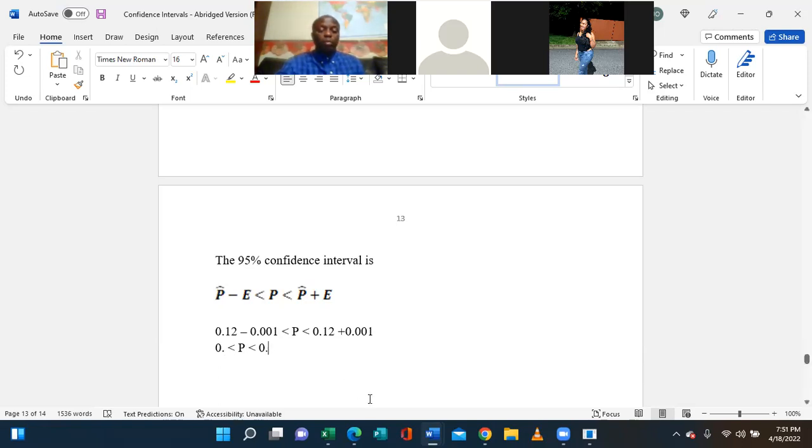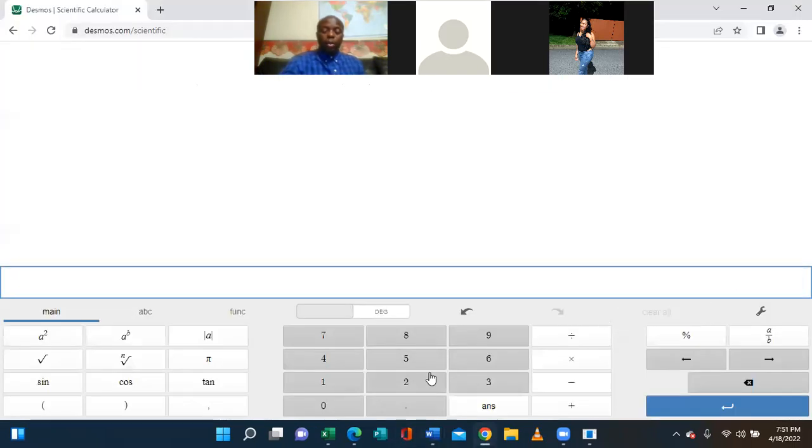So 0.12 minus the error of 0.001 gives me 0.119. Then I repeat it with the same numbers but with a plus sign to get the upper side, 0.121. So we have the confidence interval.